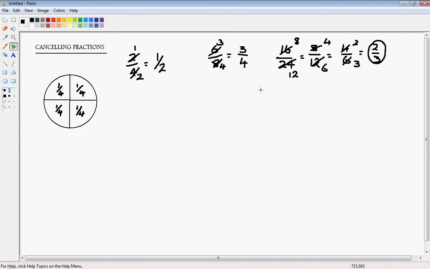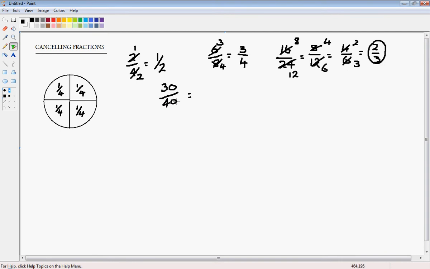Now there are numbers that we know automatically by instinct. So for example, if I've got 30/40 and I said, okay, well, what's the first number that comes into your head that will divide into 30 and 40?